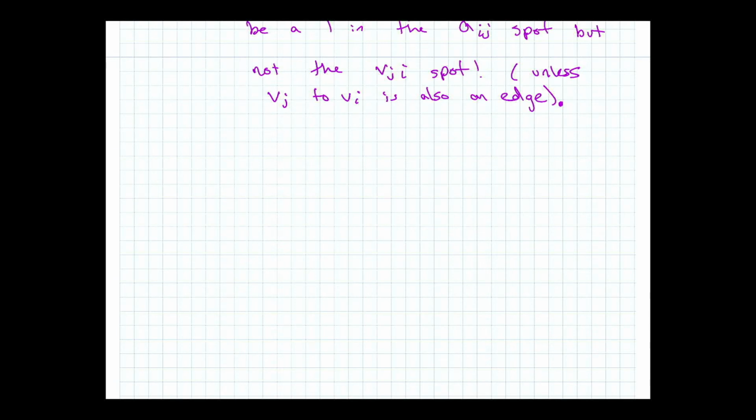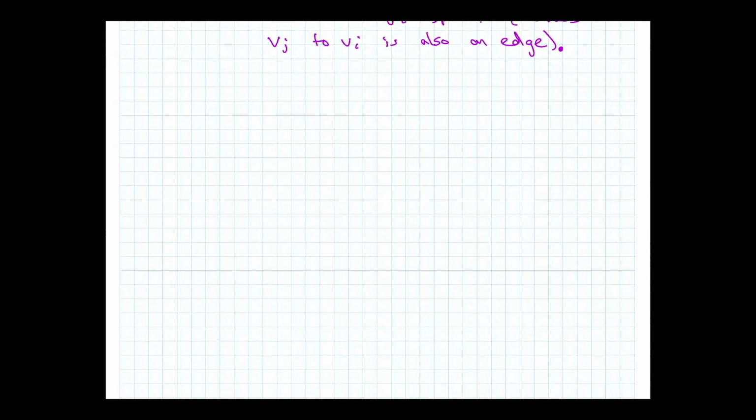So before we do it, let me just do this. If I have a matrix like this, I'm just drawing a matrix here, and you have lots of numbers, and then you have some spot that we're going to call A_ij.